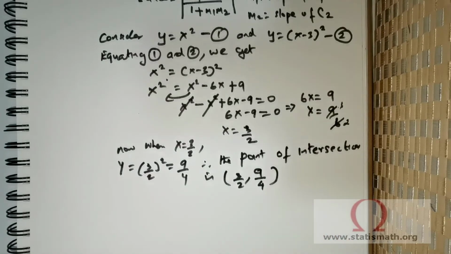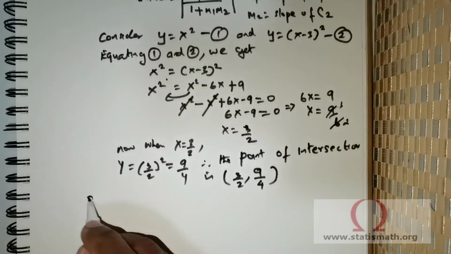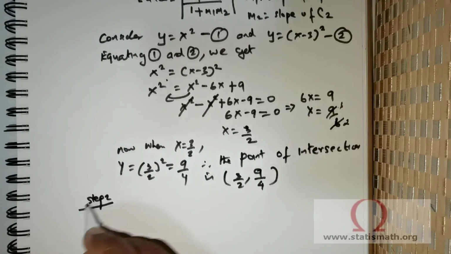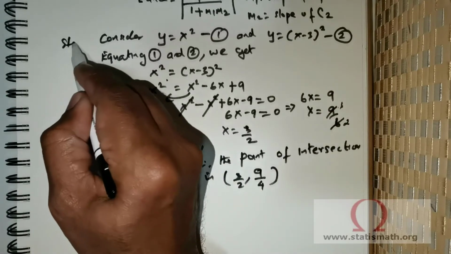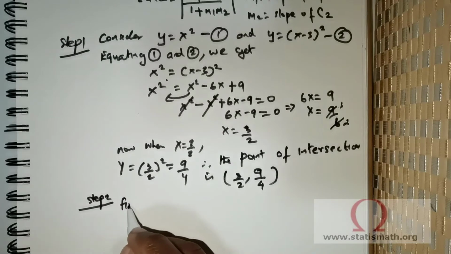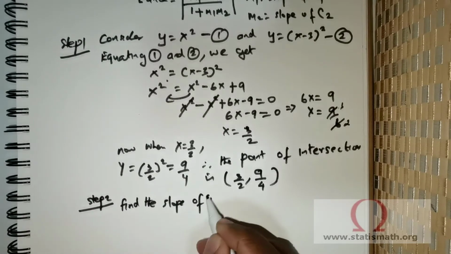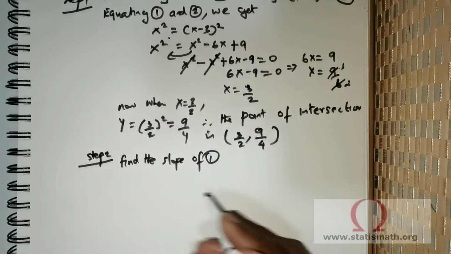Okay, so we have got that. Now we need to find the slope. So next step, if I take this as step 1, step 2 is to find the slope of curve 1. How do we do that?